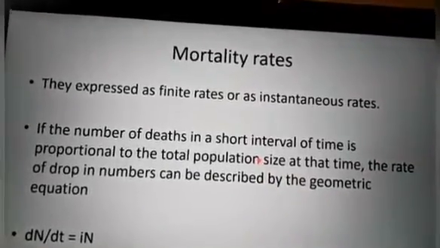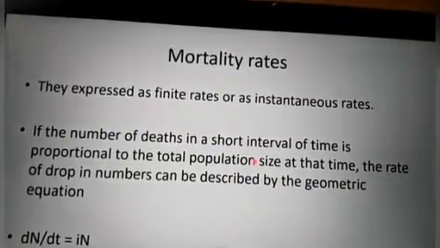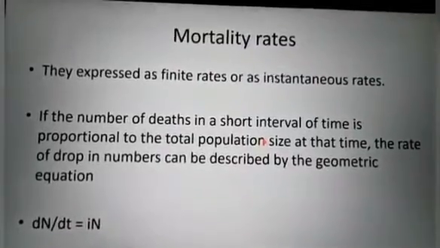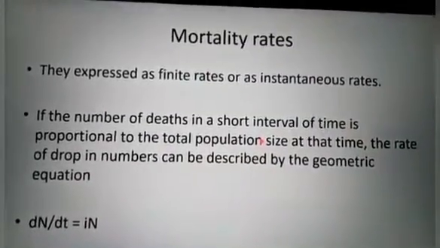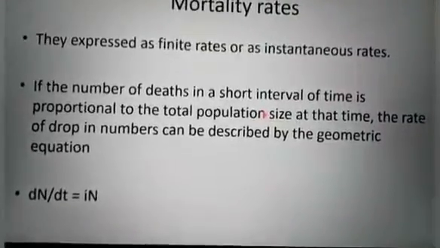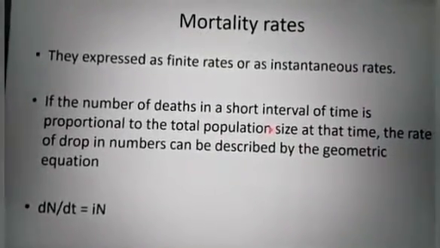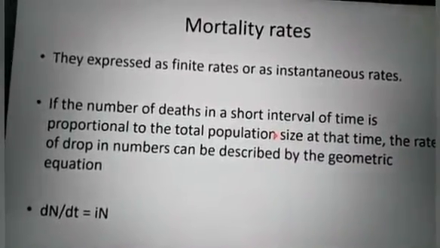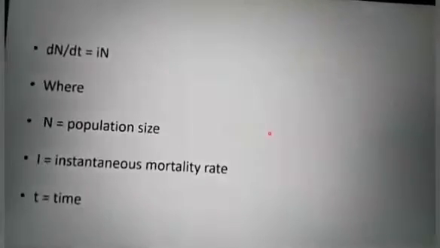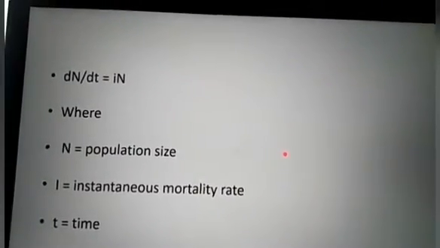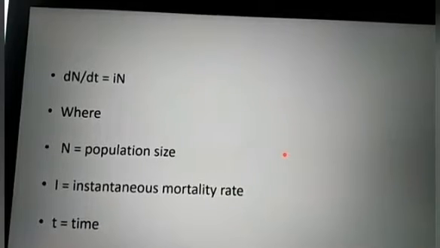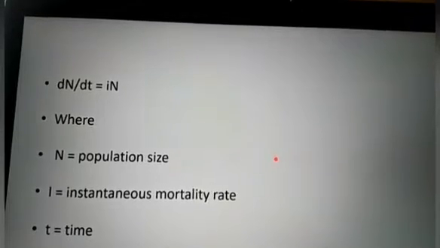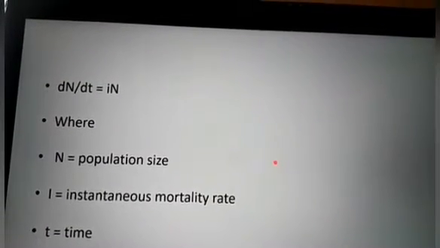The rate of drop in the numbers can be described by a geometric equation: dN over dt is equal to iN. If you look closely, it's just the same equation which we talked about when we discussed plant demography, the third equation. So where N is just the population size, i is the instantaneous mortality rate, and t is the time. d is just the change.